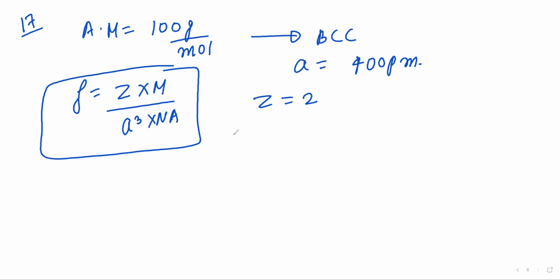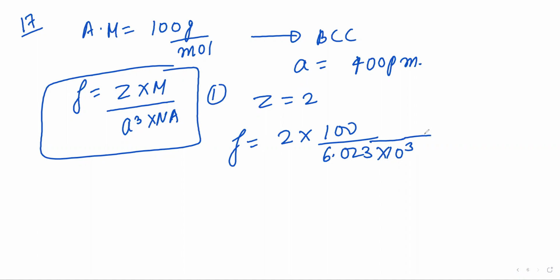Right. So put in the density formula. So density equal to Z is 2, molar mass is 100, upon Avogadro number, so it will be 6.023 into 10 raised to 23. Right. So atomic mass we know, this is capital M. Na value I have put here. Right.